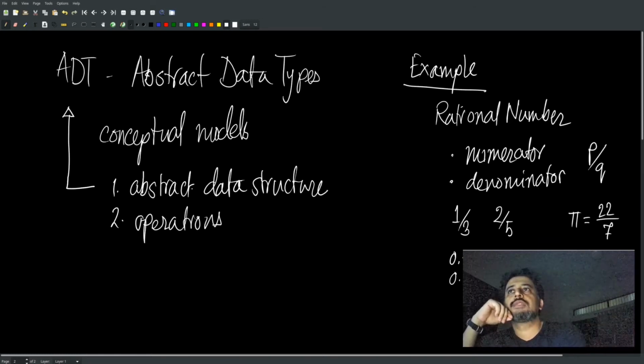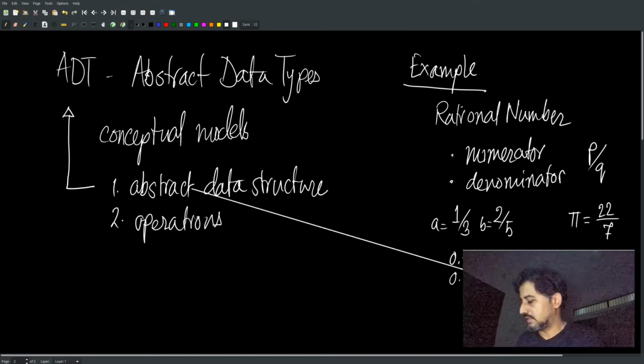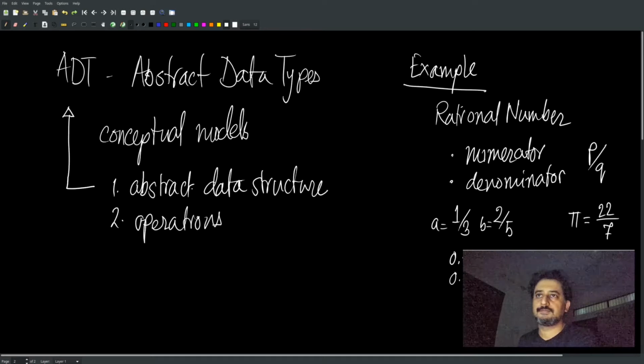So let's take two rational numbers as an example. Let's say we've got a equal to 1 by 3 and b equal to 2 by 5. There are a lot of operations that you can perform on them. For example, you can say that c is equal to a plus b, where you perform the addition operation. The way we do this is 1 by 3 plus 2 by 5.